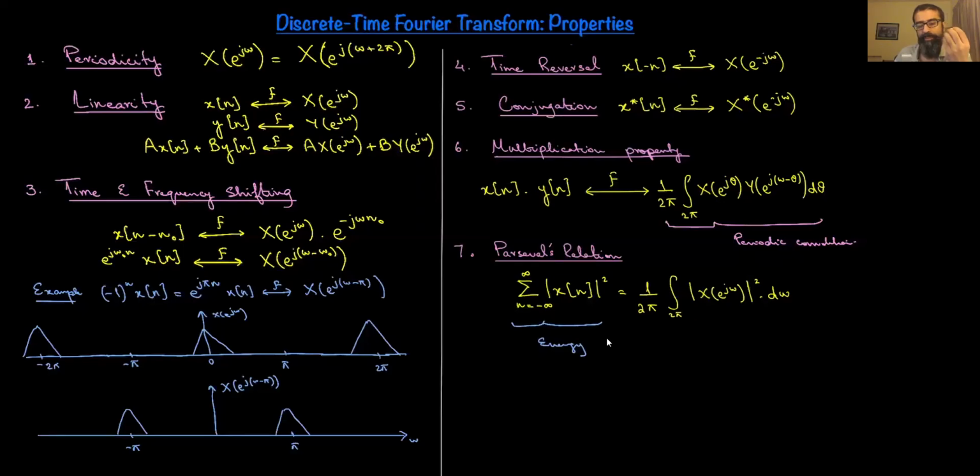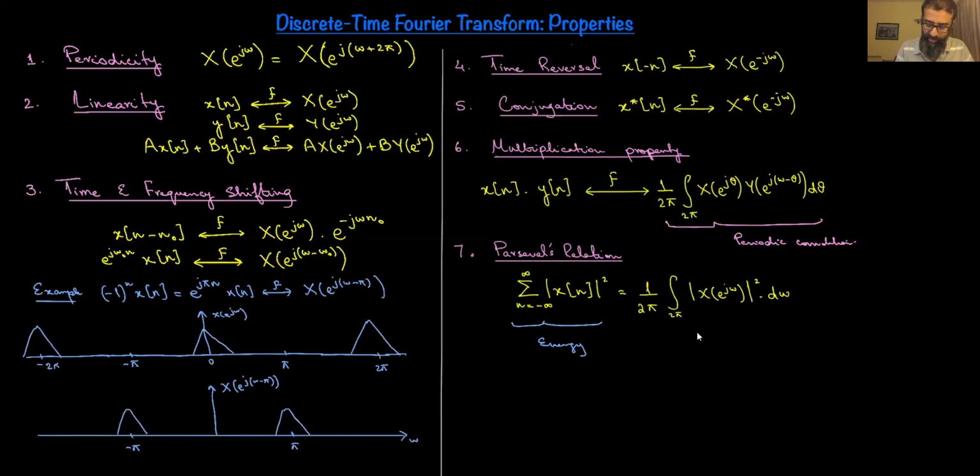If I were to compute the energy in the time domain, I could just use the Fourier transform and compute it in the Fourier domain as well, by taking the Fourier transform over one period of 2 pi, taking the absolute value, squaring it, and just finding the area under the curve of that resultant signal in the frequency domain, and just scaling by 2 pi.